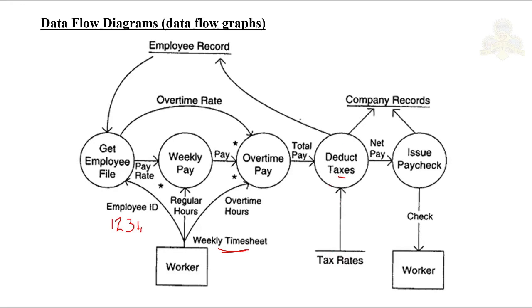Once we deduct the taxes, the updated pay has to be entered in the company records as well as in the employee record. Whatever we get after deducting the taxes is the net pay for that employee. For that net pay, we issue a paycheck for that worker, and the net pay has to be updated again in the company records.